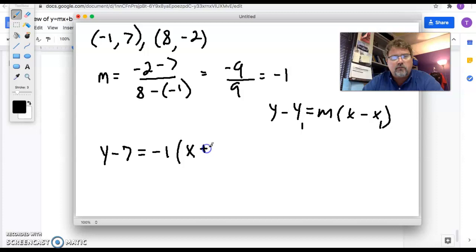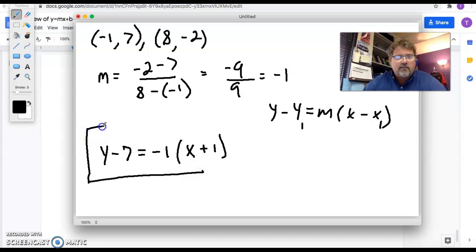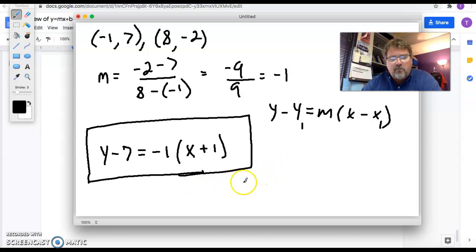All right? Now this example, I wanted to show you something else too. Here's why I like this formula. All right, you were given 2 points, but look, man, you can go to slope-intercept form from here real quick. So let's put this in. This would be the answer in Delta Math, by the way. If they say point slope form, that's what they want. But if you're in point slope form, I think it's worth seeing that you can take this to y-intercept form pretty easily.